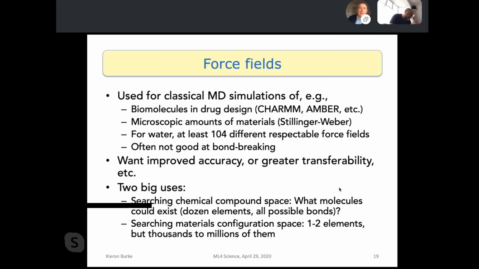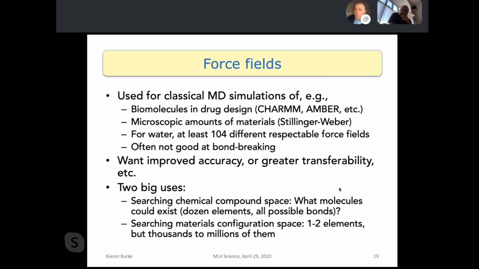Okay. So one thing that may come to a place near you is force fields. This is, you would think, a fairly obvious thing to do. For about 100 years, people have been making up force fields and learning how to run them.